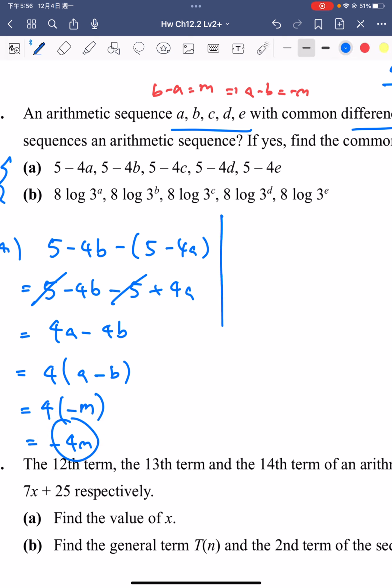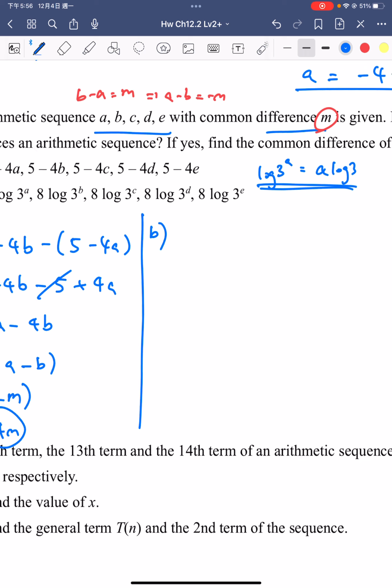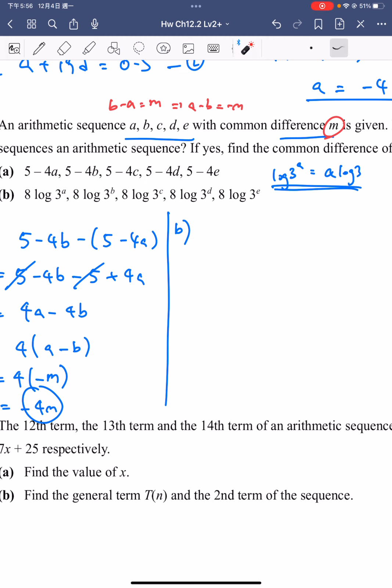Okay, so for part B, we have the log terms. Try to think about it: log 3 to the power of a can be written as a log 3. So try to use this property and calculate the common difference by yourself. Again, it's similar. The terms are similar, and the only thing changing is the power. So first of all, consider 8 log 3 to the power of b minus 8 log 3 to the power of a.